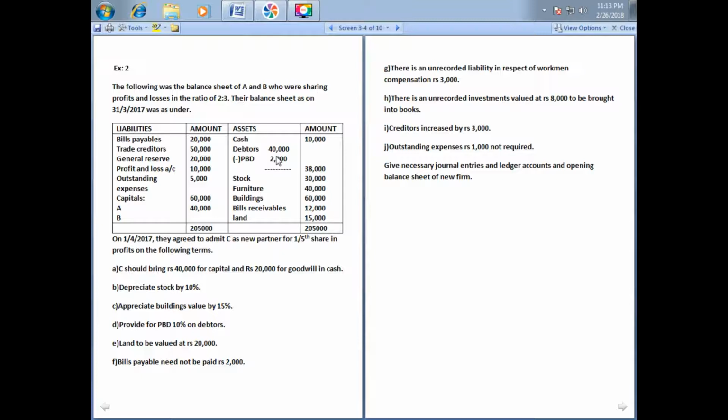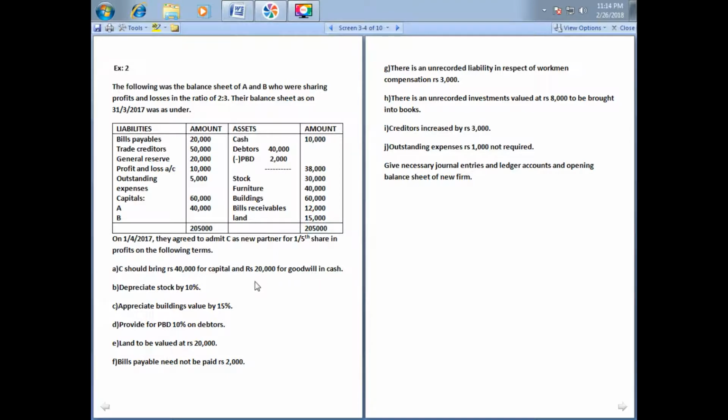Now see this second example. Same question I am taking. All adjustments are same except adjustment A. In example 1, he has given that C should bring 40,000 for capital and 20,000 for goodwill in cash, and goodwill is to be paid privately.